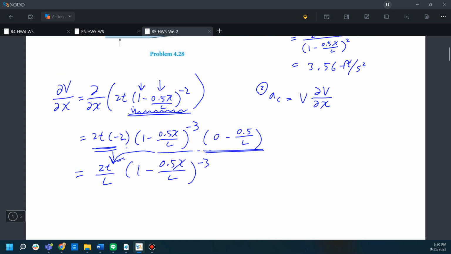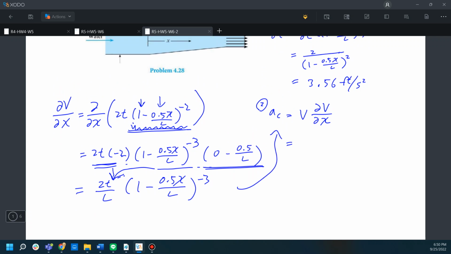Now we plug this equation back into this convective acceleration.